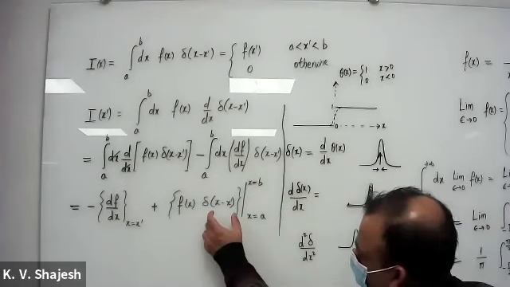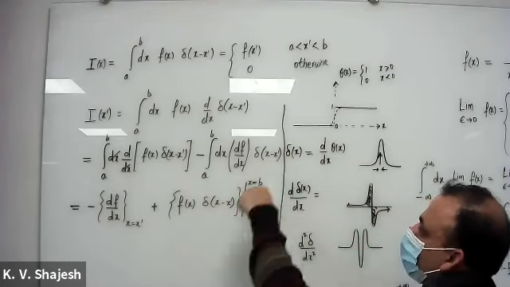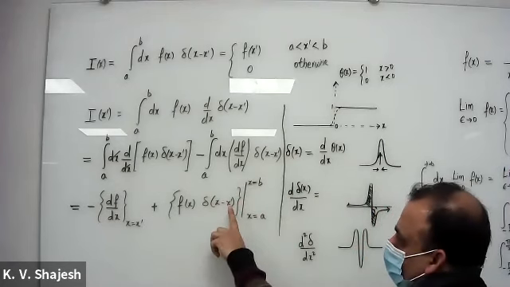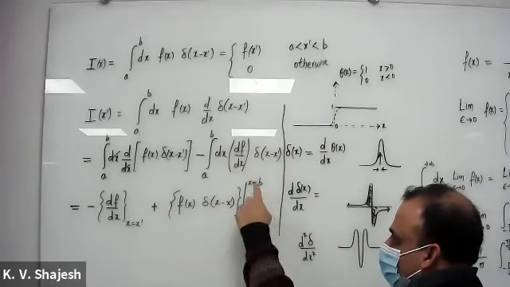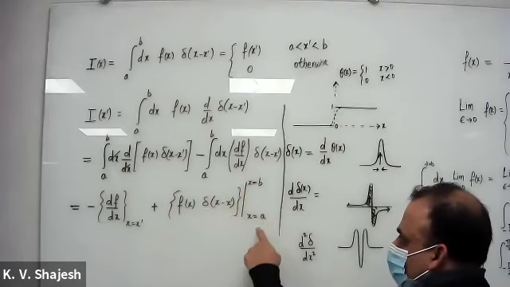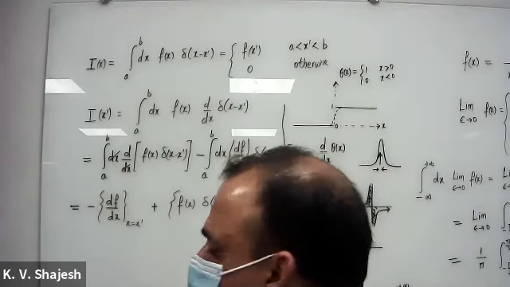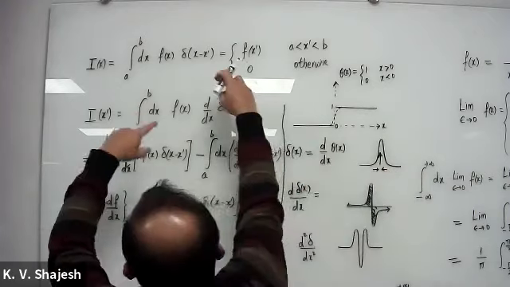Our delta function, we said, is x is within a and b, right? That's how we defined it. So x prime, we are saying, is between a and b. If it is between a and b, this is 0. Right? At a and b, this is 0. So delta function is never going to contribute at a and b. That's assuming that this x prime.